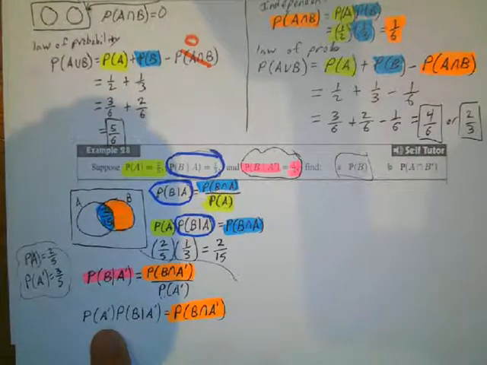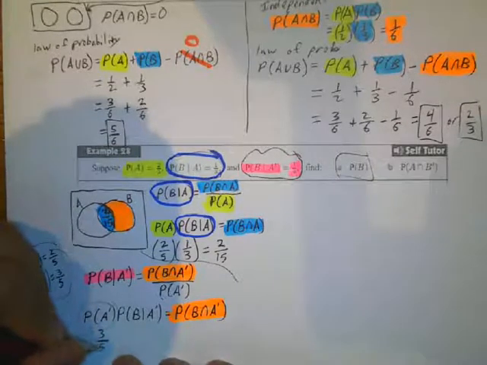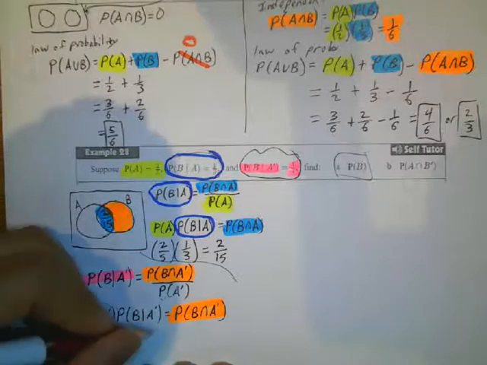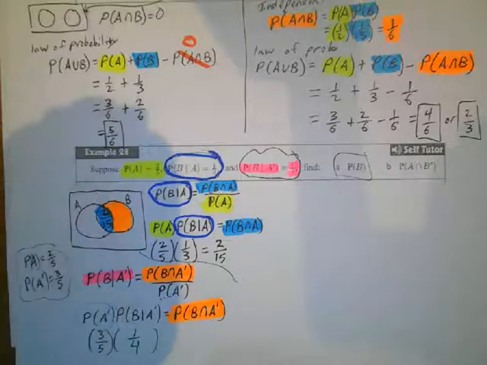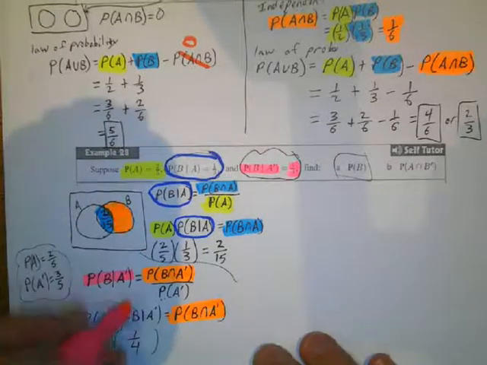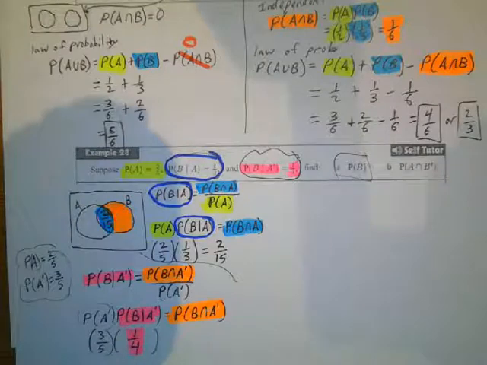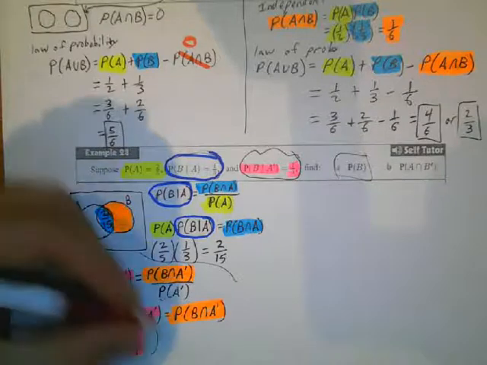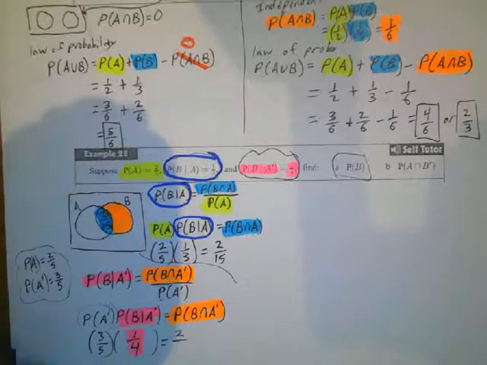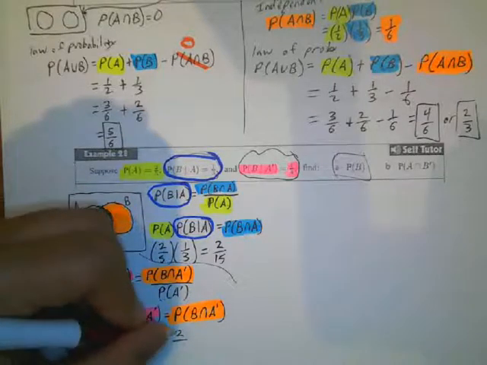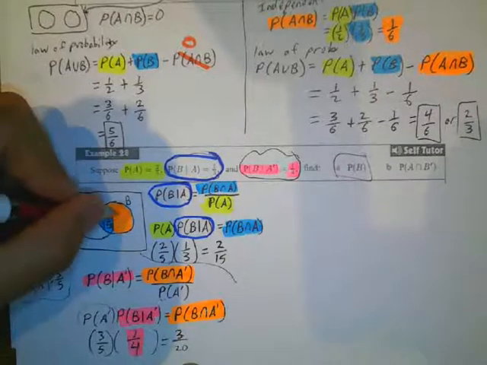We know that this one here is 3/5, and we know that this here is the pink value, which is 1/4, right? We know that that's 1/4. So we multiply this together, and we get 3 times 1 and 5 times 4, which is 20. So we know this region here is 3/20.